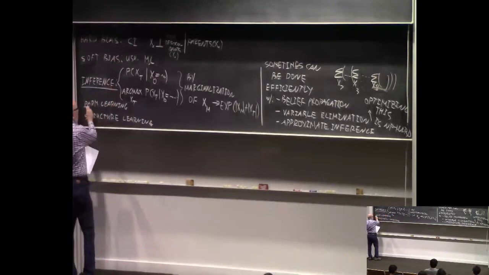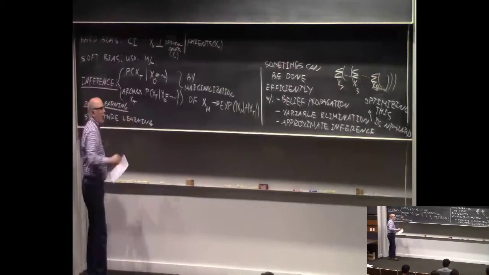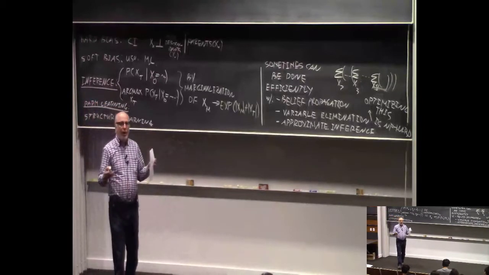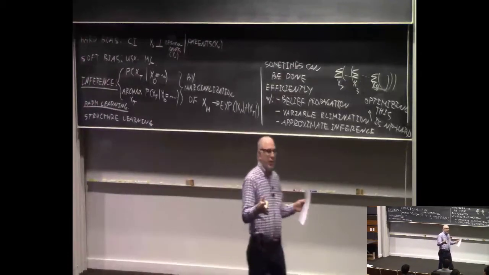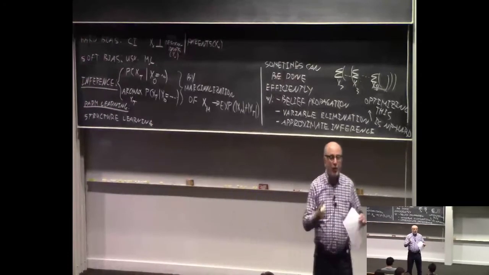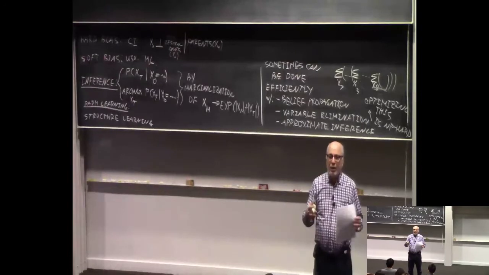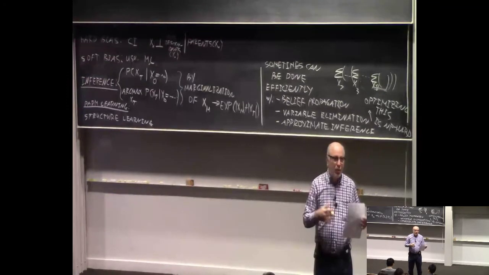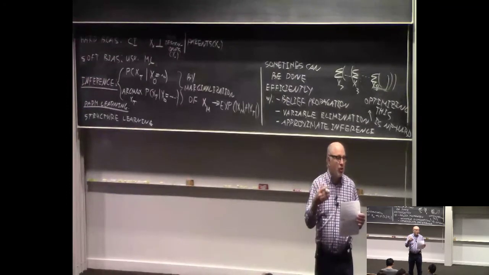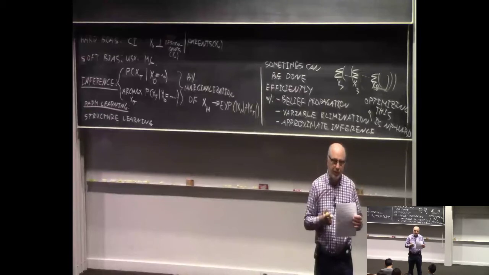Let's talk about parameter learning. Given a fixed DAG, a fixed Bayes net, fixed structure, and a lot of training data, how would you derive parameters or estimates for the conditional distributions sitting at each node?